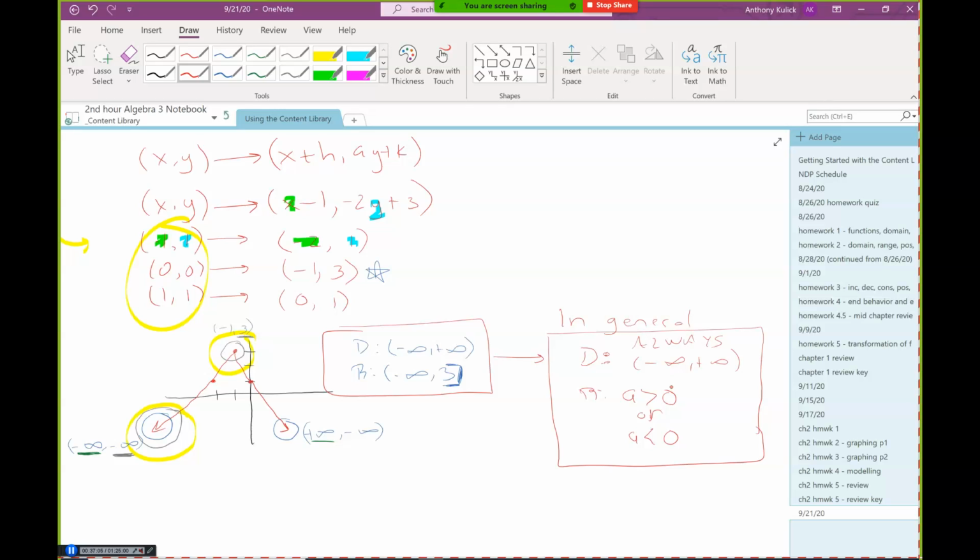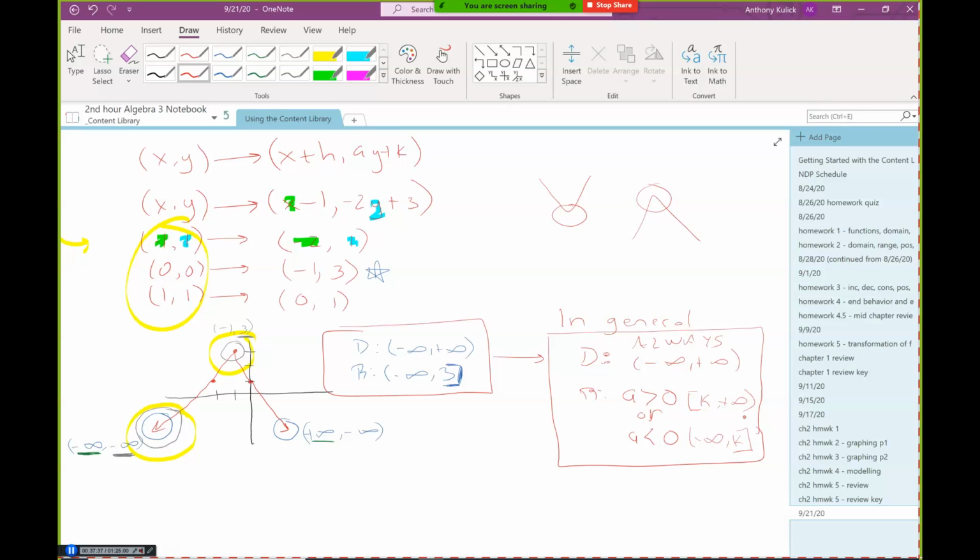So if A is positive, we're going to have a V. So we're going to go from the y coordinate of the vertex, which is the K value, up to positive infinity. And if the A value is negative, the graph is going to point down. So we're going to go from negative infinity up to the y coordinate of the vertex, or the K value.